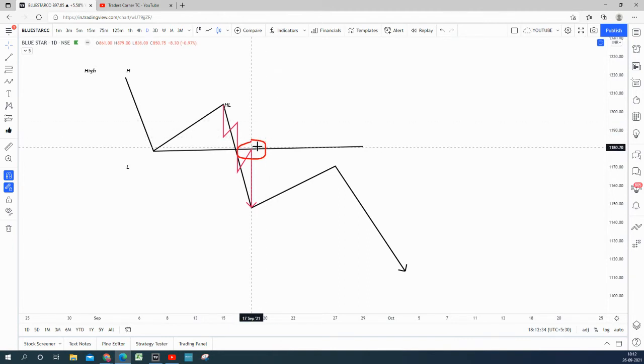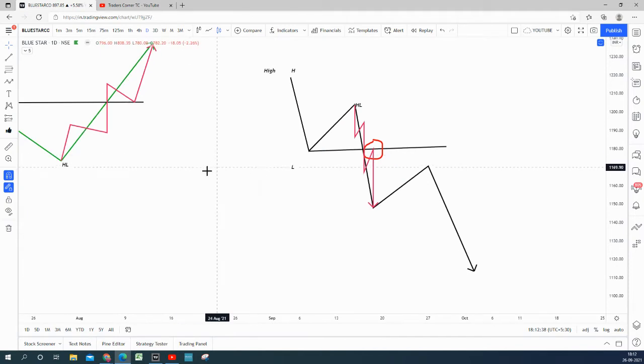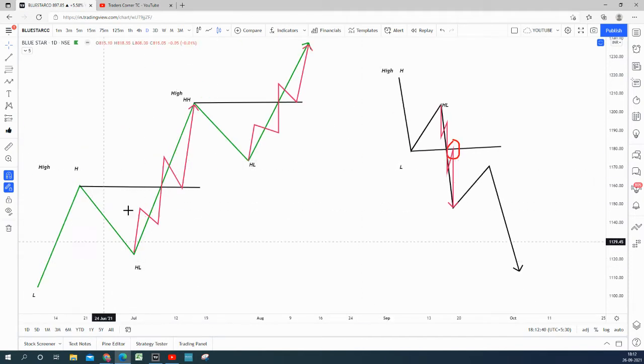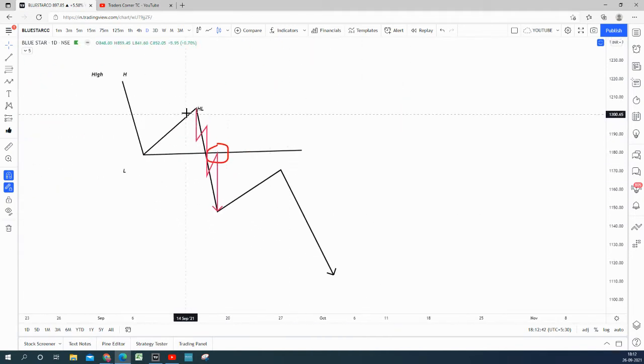So buy at this point, and you can keep the target as this one. It is nothing but the opposite of uptrend. So this is the downtrend.